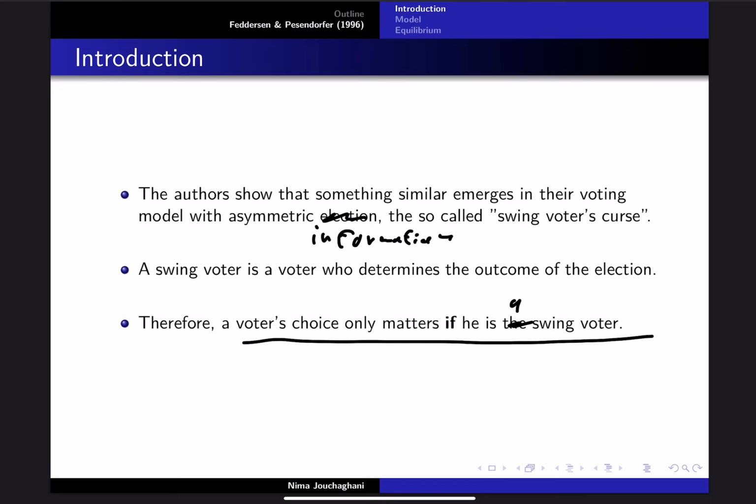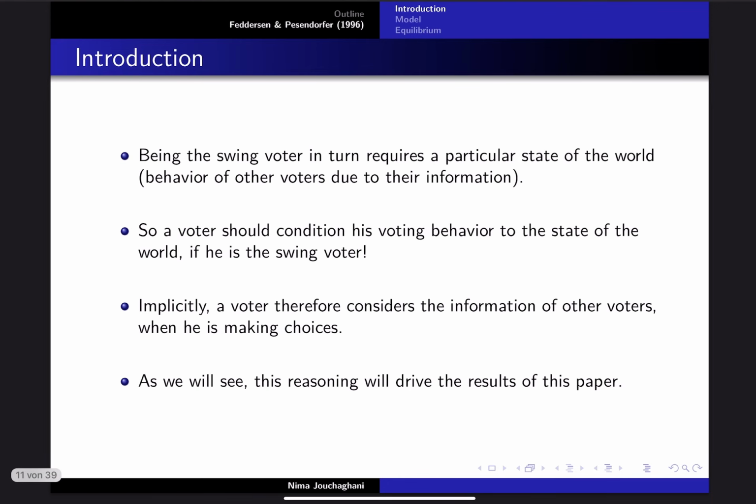So in all other situations, your choice doesn't matter because it cannot change the outcome of the election. So whether you vote or not vote, it does not change the outcome of the election. But the thing is that being the swing voter requires a particular state of the world.